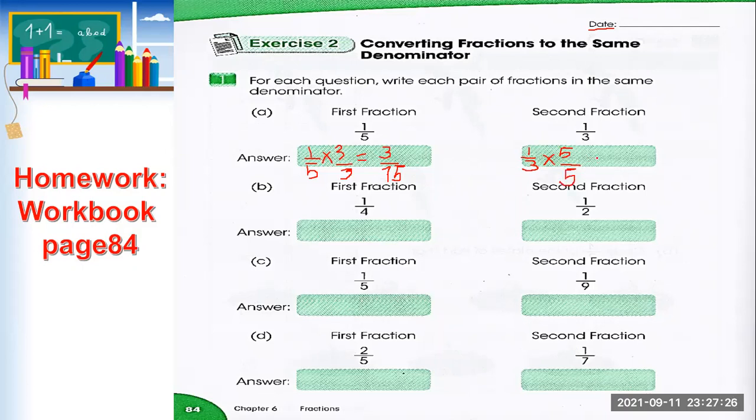Okay, is equal to 1 times 5 is 5. Okay, and 3 times 5 is equal to 15. Okay, therefore we came up with the same denominator, 3/15 and 5/15. Okay, therefore our answer is correct.